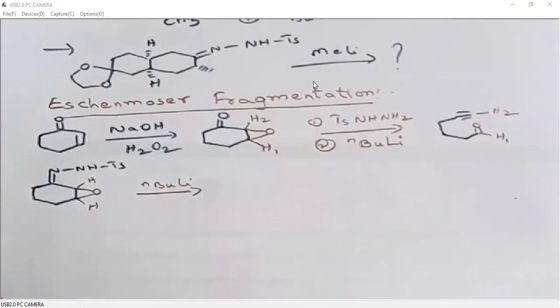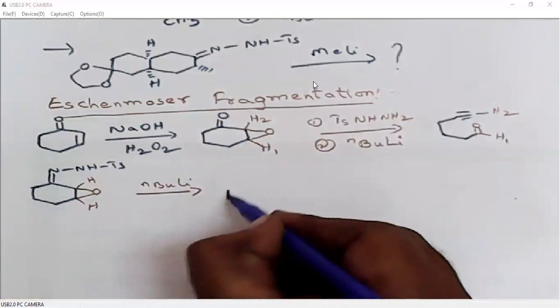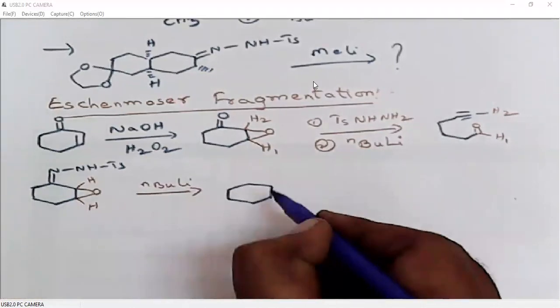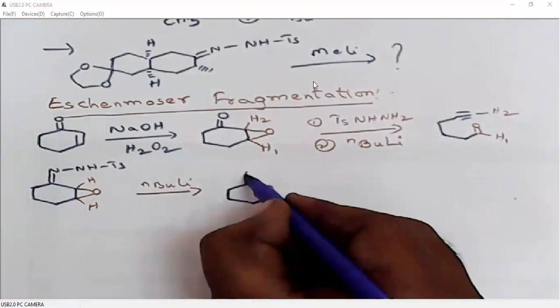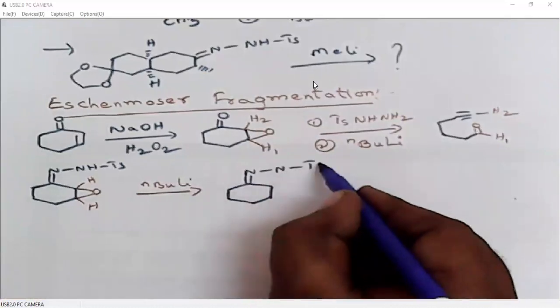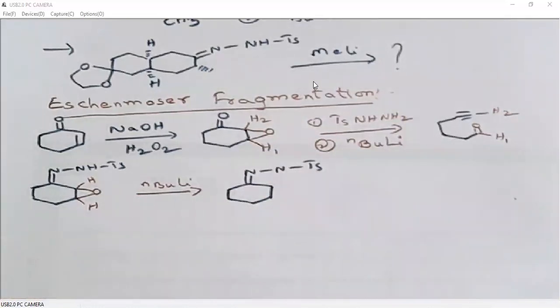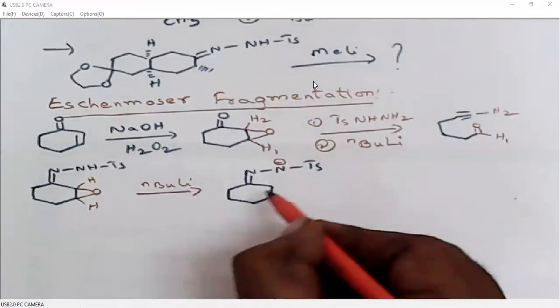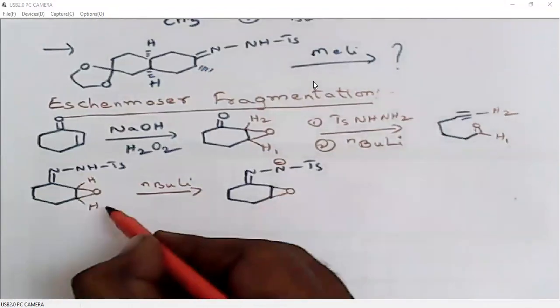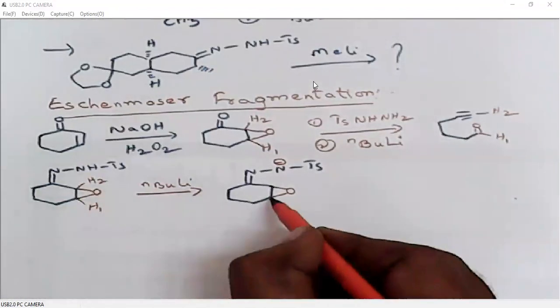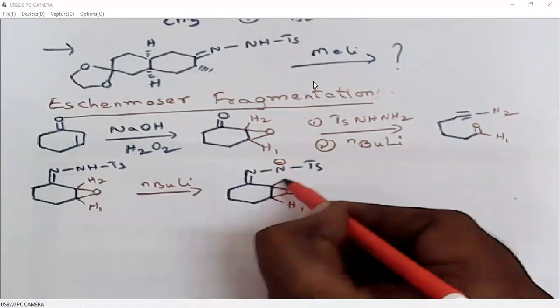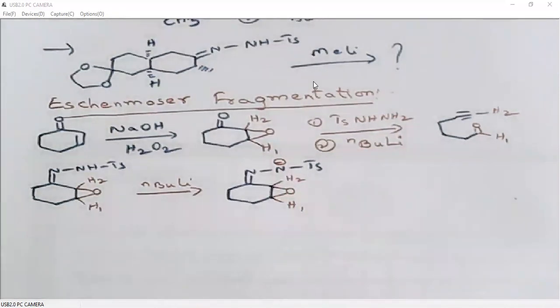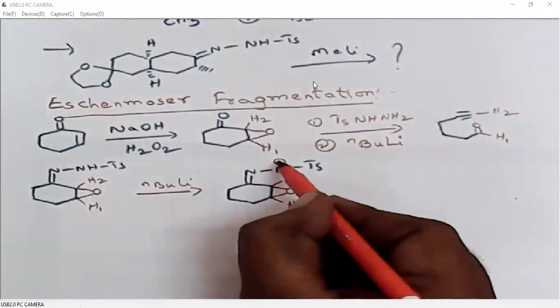So I will explain the negative charge on nitrogen. We will have a negative charge here. Of course, we have the epoxide. This is hydrogen 1, this is hydrogen 2. Now polarize this negative charge into the ring and see what will happen.